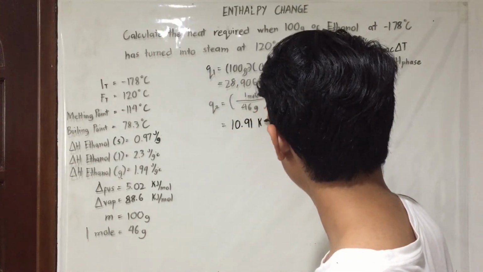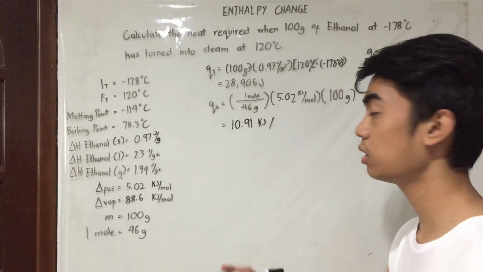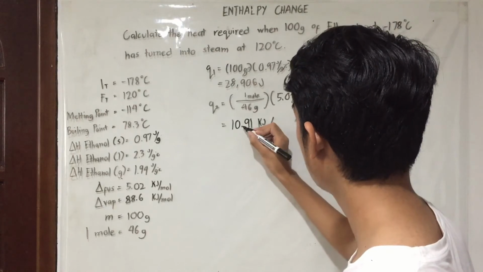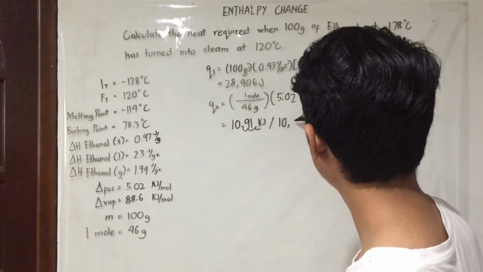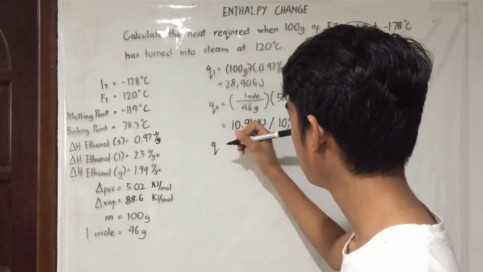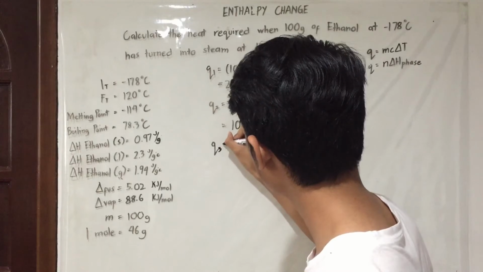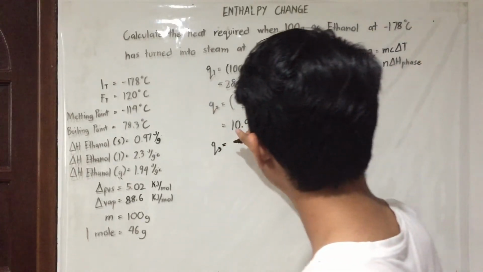That's 10.91 kilojoules, or if you're going to convert kilojoule into joule, just multiply it by 1,000. So move the decimal value 3 times. You're going to have 10,910 joules.